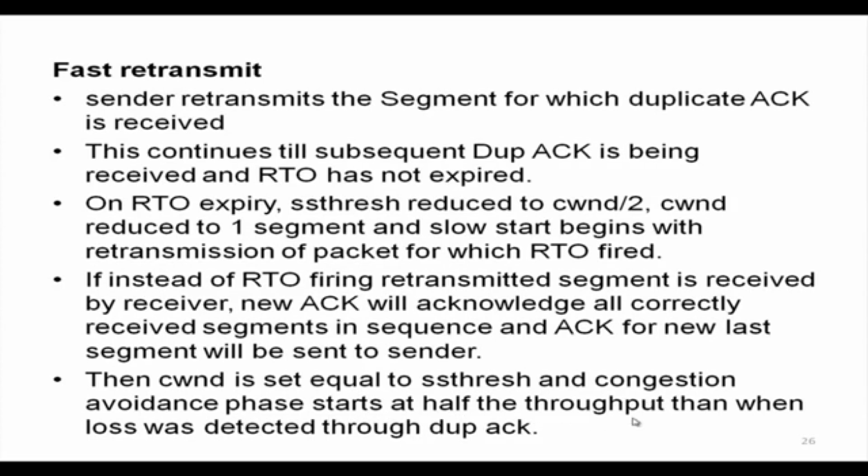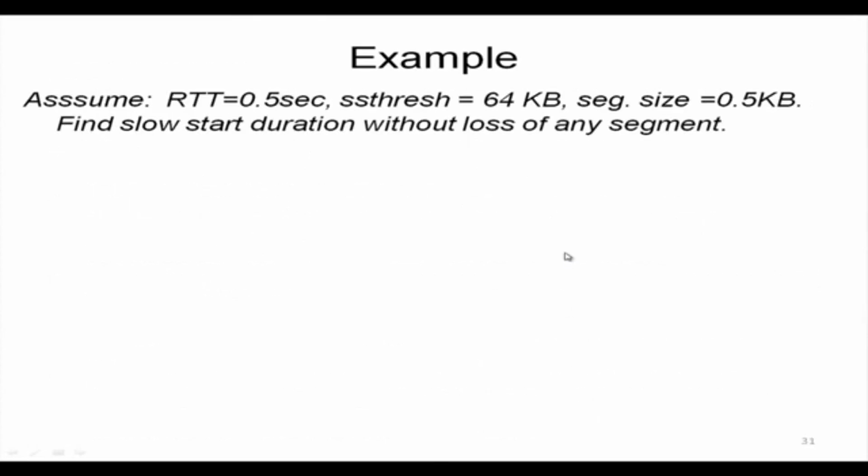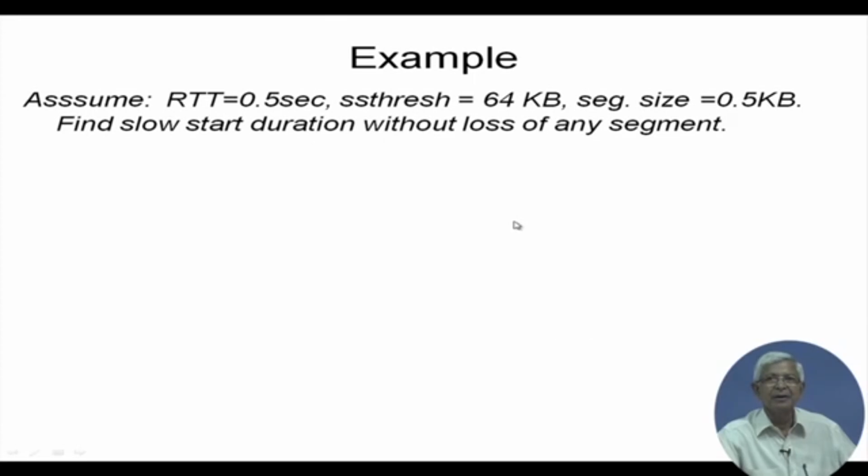There was a loss, which may indicate congestion, so you reduce the throughput, and the loss was detected through duplicate ACK. So this is called fast retransmit, without going to the slow start phase.